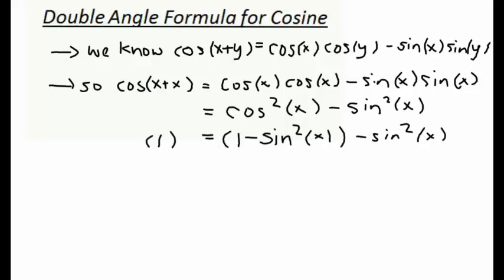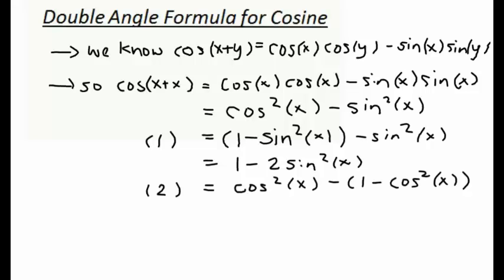So first, we could say cosine squared is equal to 1 minus sine squared of x. And if we simplify this, we're going to get 1 minus 2 times sine squared of x. Alternatively, we could take this sine squared x and replace it with 1 minus cosine squared of x. And when we simplify this, we're going to get 2 times cosine squared of x minus 1.